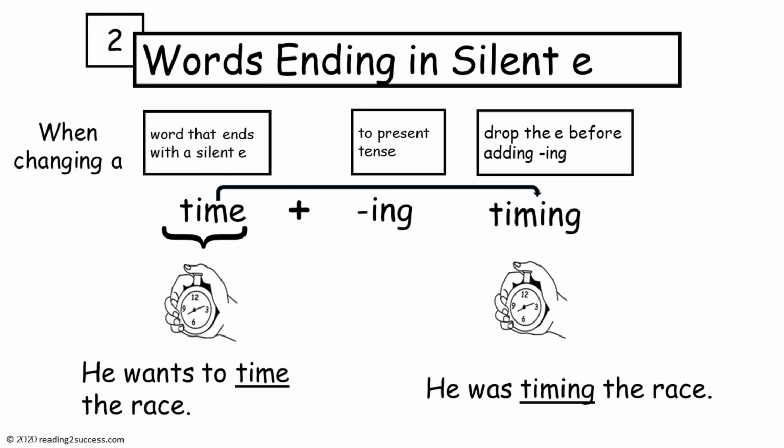Now introduce kids to basic spelling rule 2 and how it works with the ending ing. When changing a word that ends in a silent E like time to present tense by adding the ing, it becomes timing. We drop the E before adding ing.